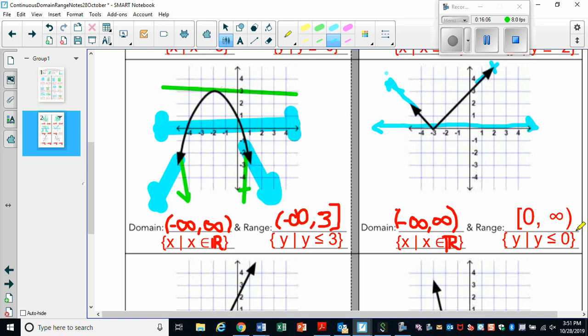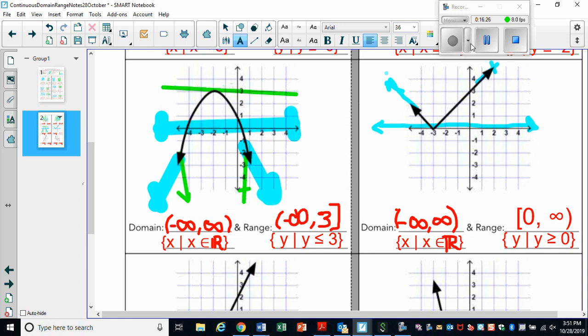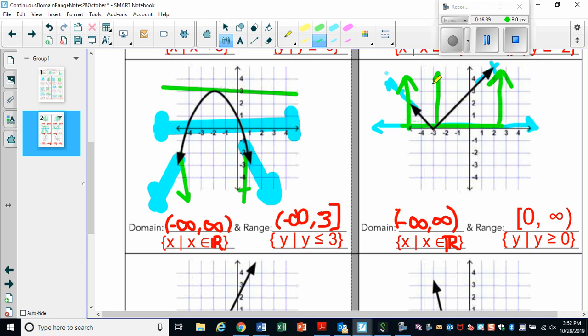And then for the y here, I made a little bit of a boo-boo. That should be, since the lowest value for y is 0, that means all of the values, since the lowest possible value is 0, our range is such that y is greater than or equal to 0.